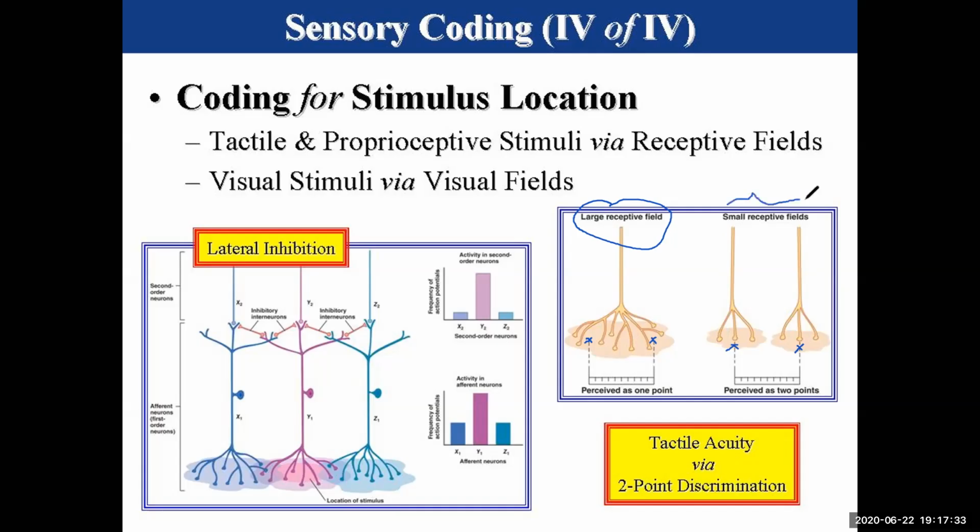So this one has a higher acuity, I don't know how to pronounce this word. Okay. So this is higher. So it can have a higher discrimination capability, perceiving two points. But with a larger receptive field, we have a problem.